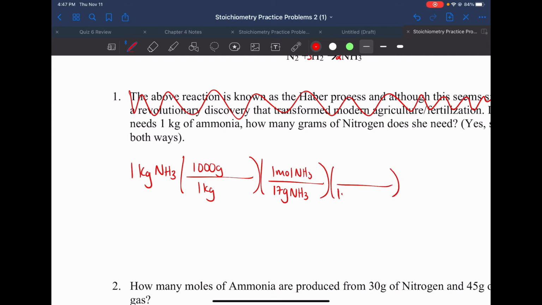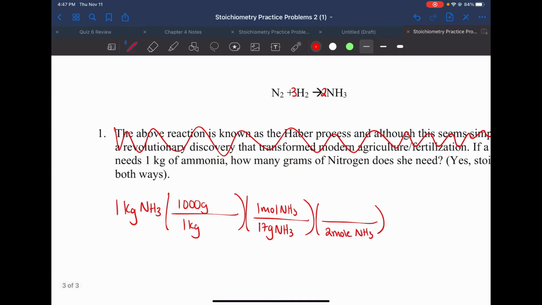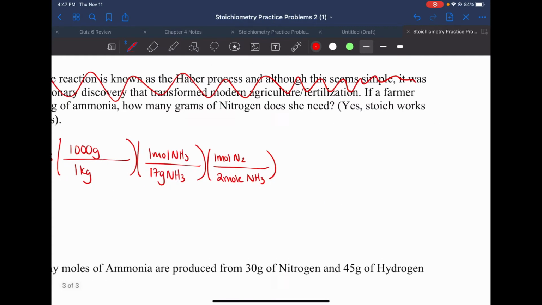So 1 mole, for every 2 moles of ammonia, and we got that 2 moles from this number here. For 2 moles of ammonia, we need to form 1 mole of N2. And we need to figure out how many grams, not how many moles. So for every 1 mole of N2, we form 28 grams of N2 gas.